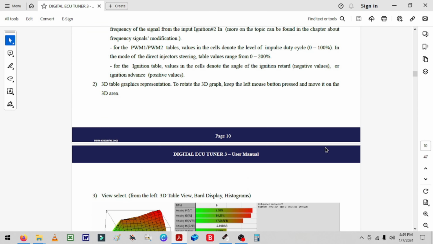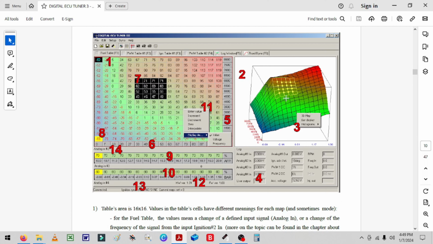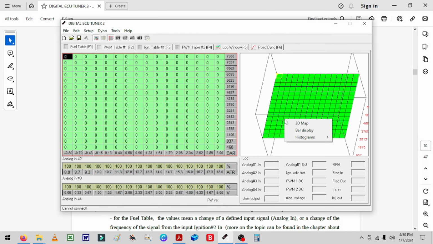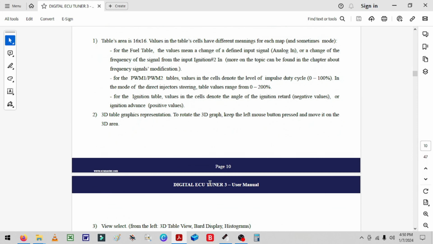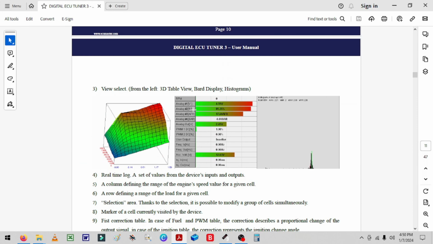So on the 3D map right here, if you right click on it, you can go in and select a bar display. Now, kind of like what that graphic was showing you, every value will have a running live action display.